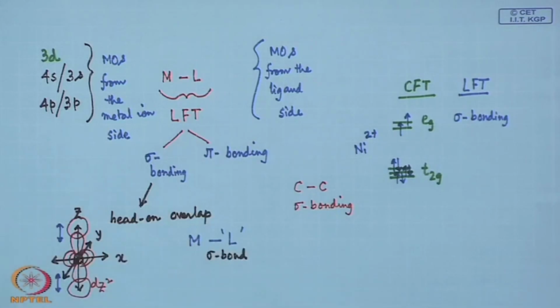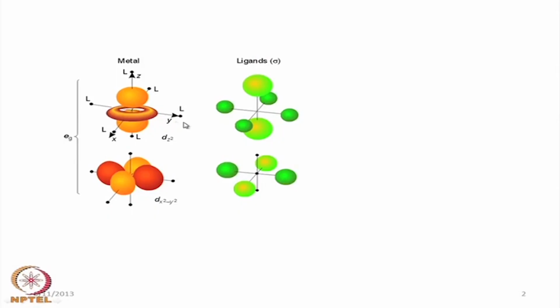These two orbitals, dz square and dx square minus y square, have lobes along the z axis and a symmetric circular lobe along the x and y axes, so we have electron distribution available along the z axis. The ligand symmetry orbital will face only these two as well as these four.